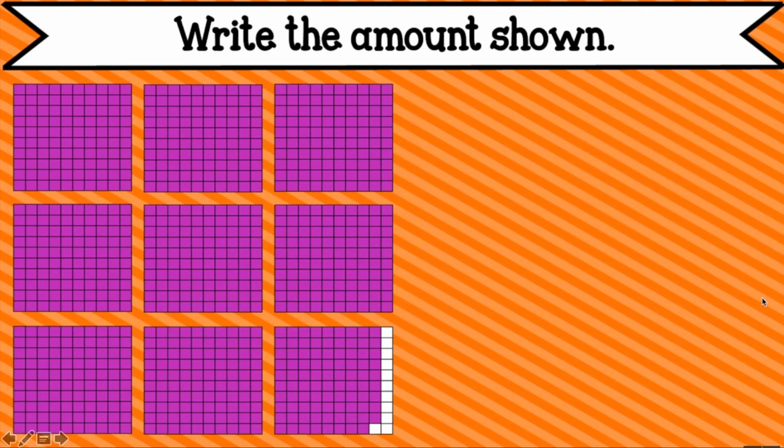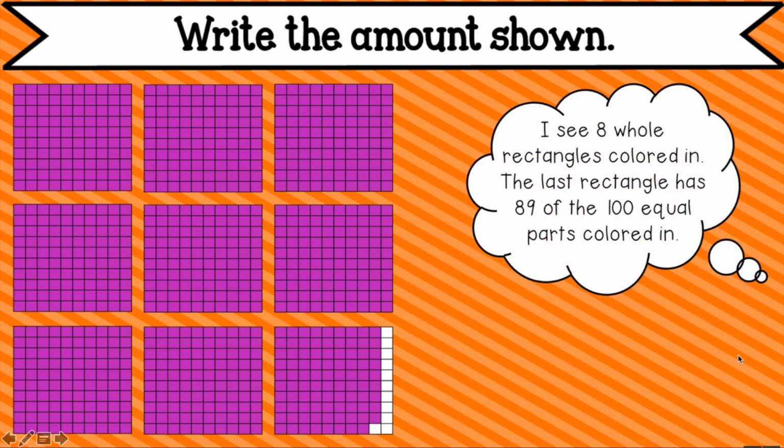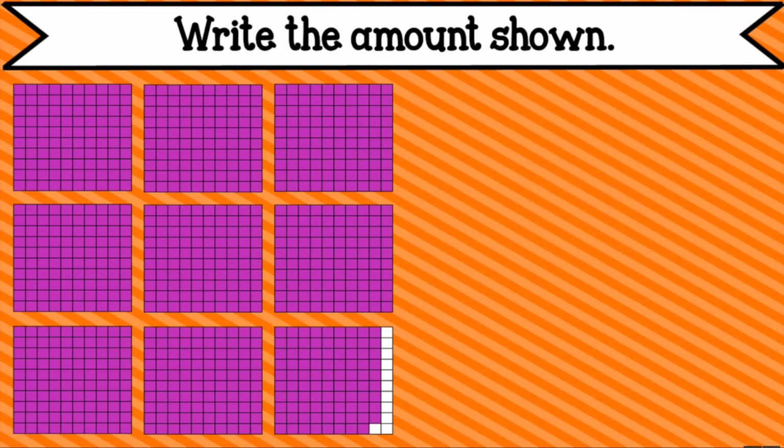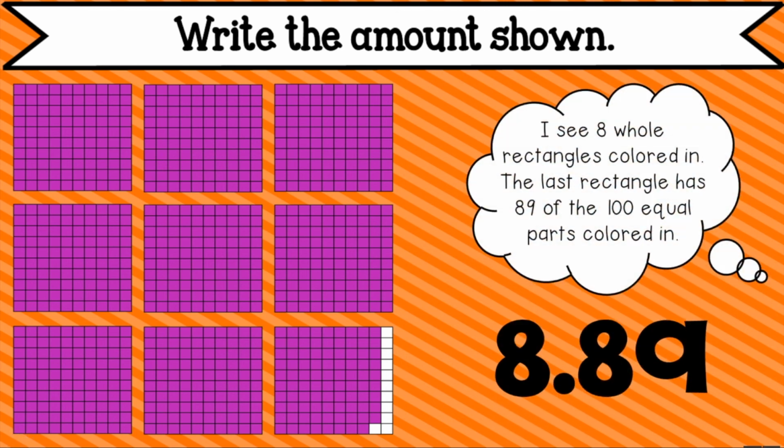Okay, go ahead and write the amount shown here. Try that again. So count how many wholes you have and then figure out your decimal number. 8 whole rectangles colored in, and the last rectangle has 89 of the 100 equal parts colored in. So this decimal looks like this, 8.89.